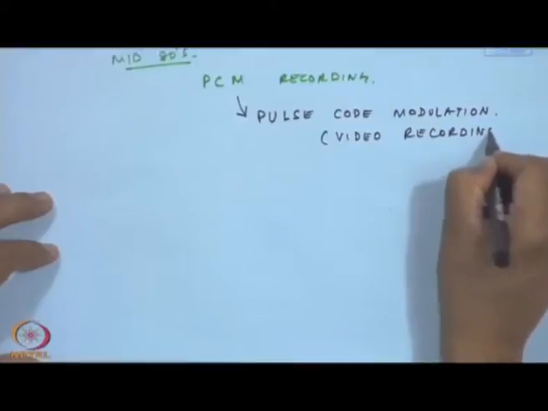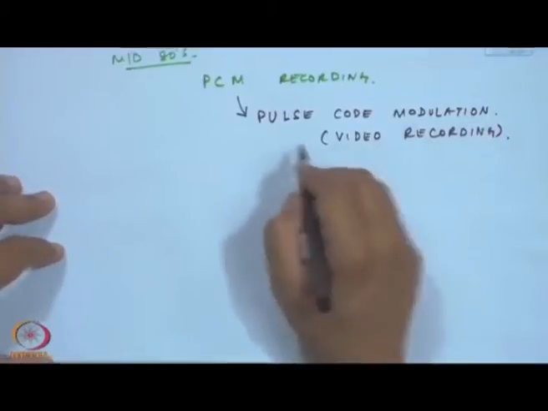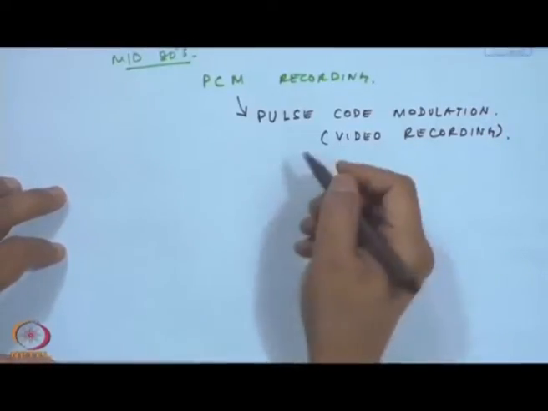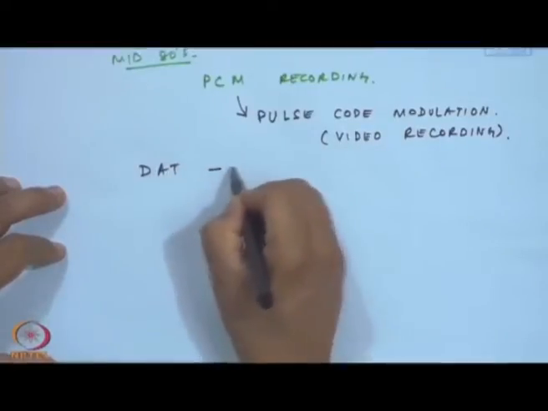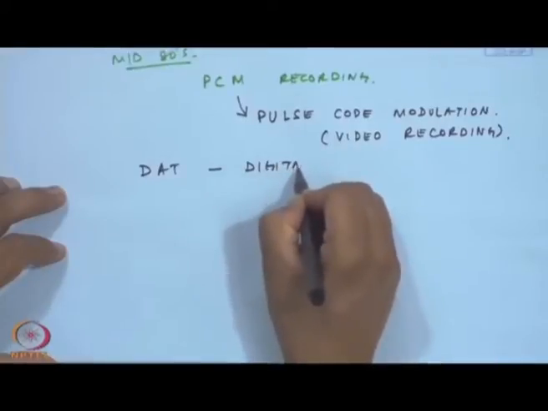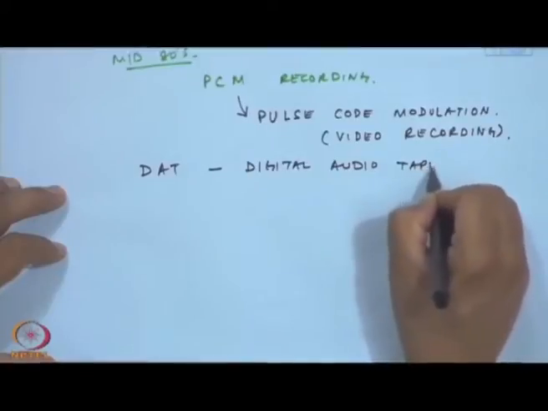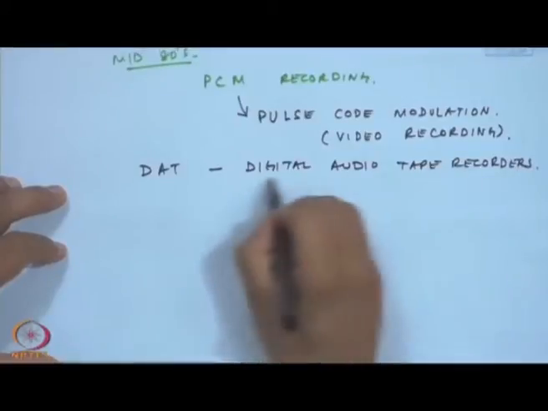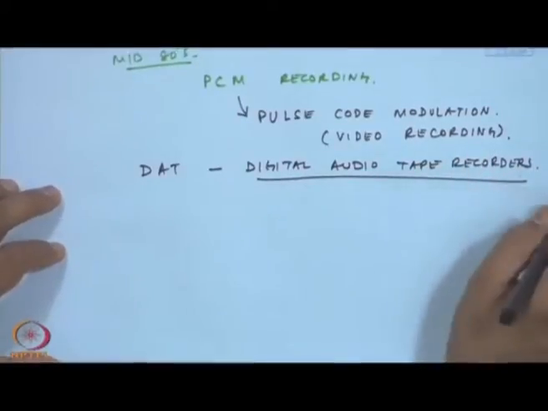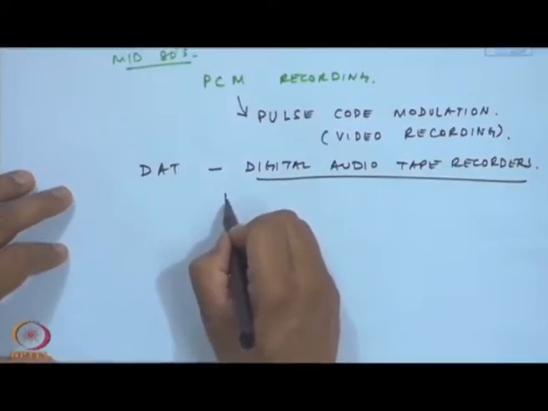People used the same pulse code modulation technique which was used in video recording for recording audio signals, and people then used them in DAT recorders or digital audio tape recorders, and these were quite popular till very recently, maybe till about the year 2000.